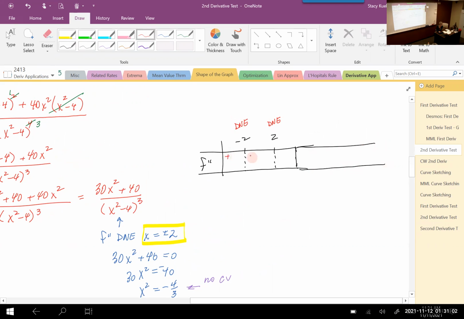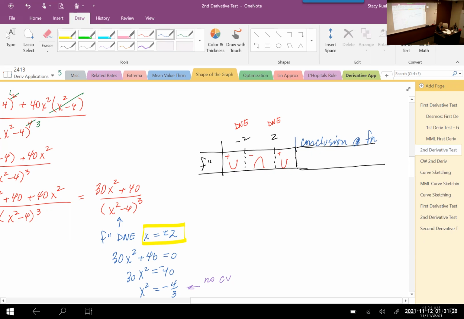What about in the middle? Negative, and to the right, positive. Okay, so that conclusion would be, we would be concave up where we're positive, concave down where we're negative. So here, we're going to write a conclusion about the function, not the derivatives, about the function.